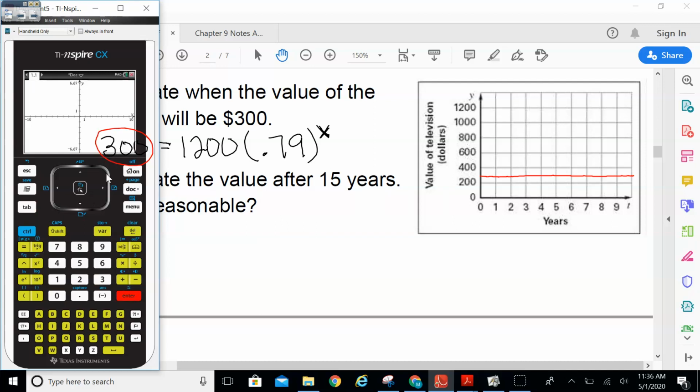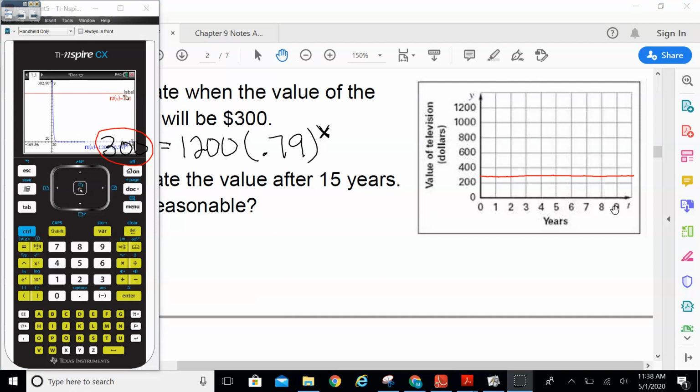Enter. And again, you're not going to see it in this window because these go all the way up to thousands. So you're just going to need to adjust it. So pull the value until you see the graph. I don't want to pull both of them. I just want to pull the y's. Okay, so I see that one now. You can keep pulling until you see the intersection.